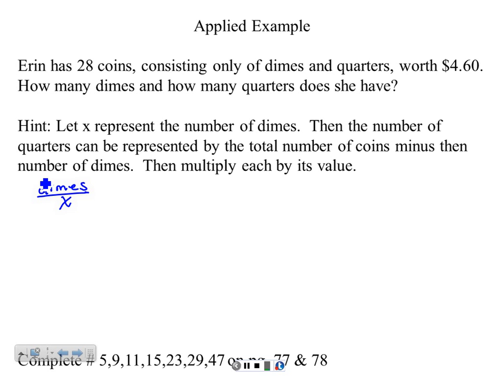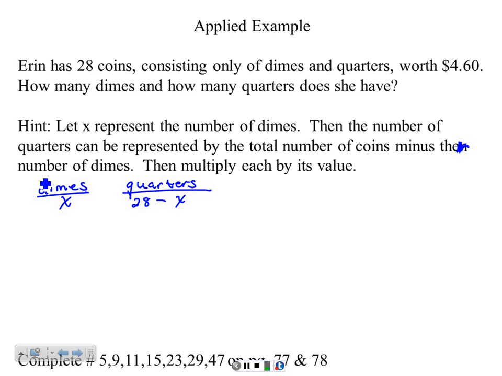And the number of quarters can be represented by the total number of coins, which is going to be 28, minus the number of dimes, which is going to be x.